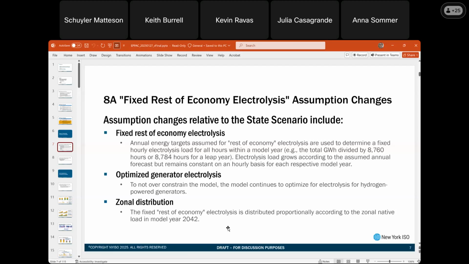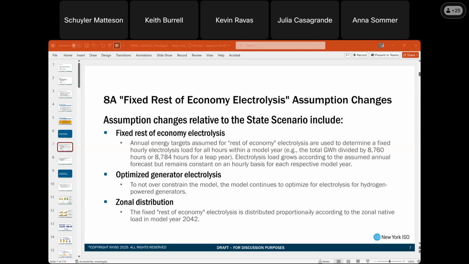So to not over-constrain the model here, we continued to allow the electrolysis for hydrogen powered generators to be optimized by the model. That portion is not fixed because it could lead to saying, okay, we're going to fix the generator electrolysis, which would also fix the amount of generation from those units, and we didn't want to constrain it in that way.